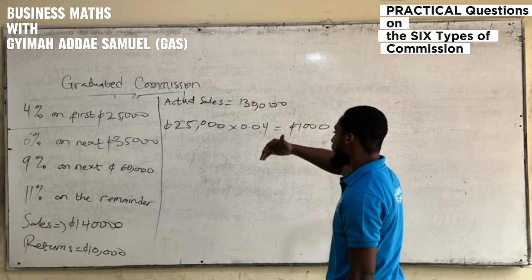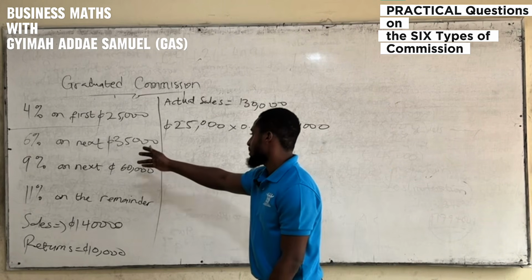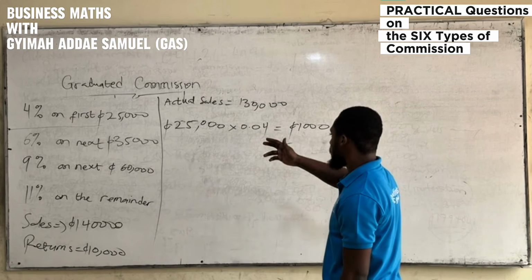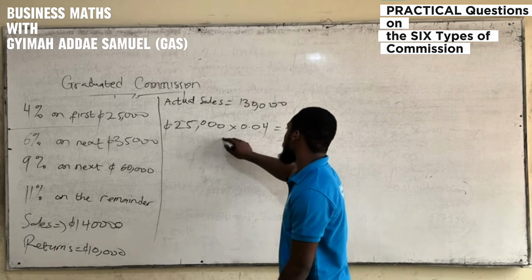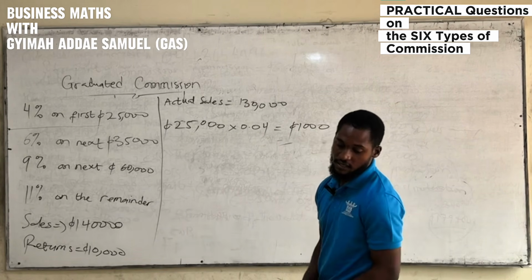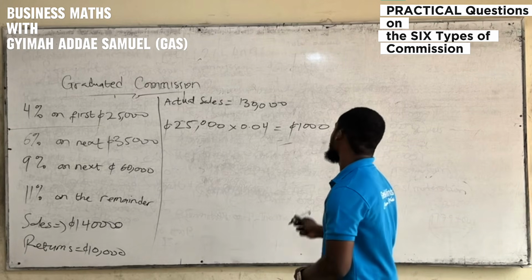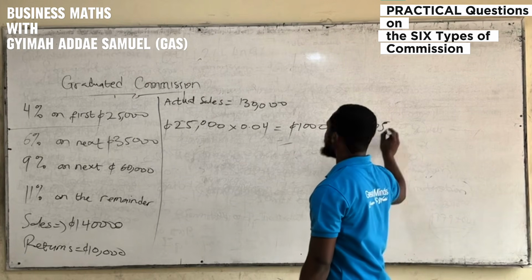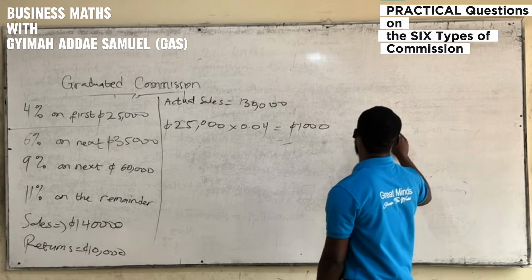We would have to know whether we are eligible to solve for the 6% on next 35,000. So we have to subtract 25,000 from our actual sales, which is 130,000, and when we do so, we are getting 105,000 Ghana cedis.